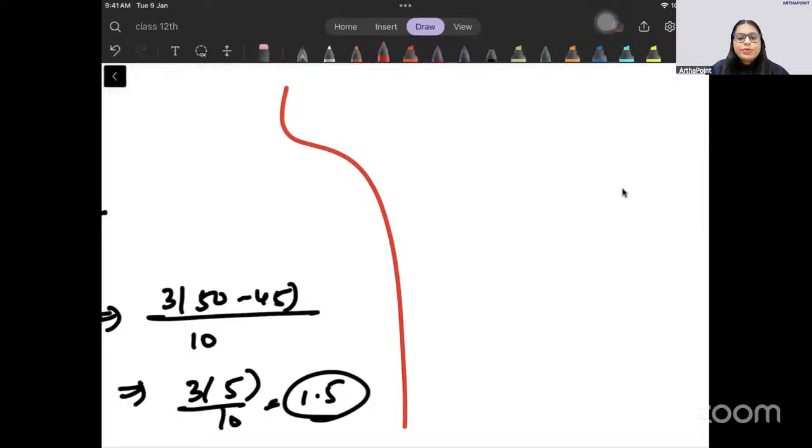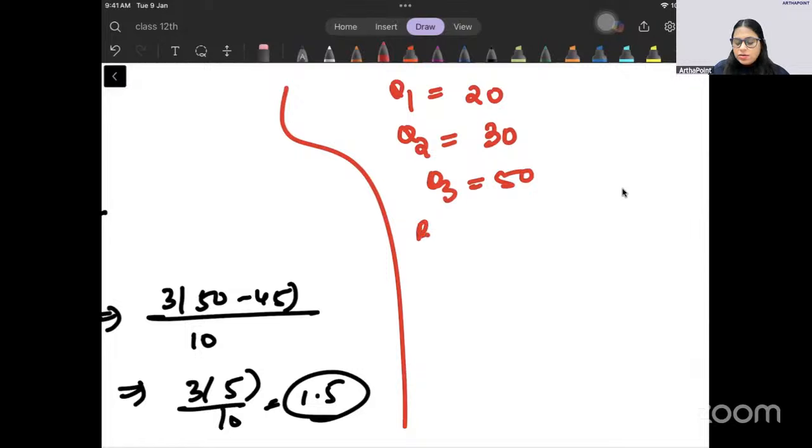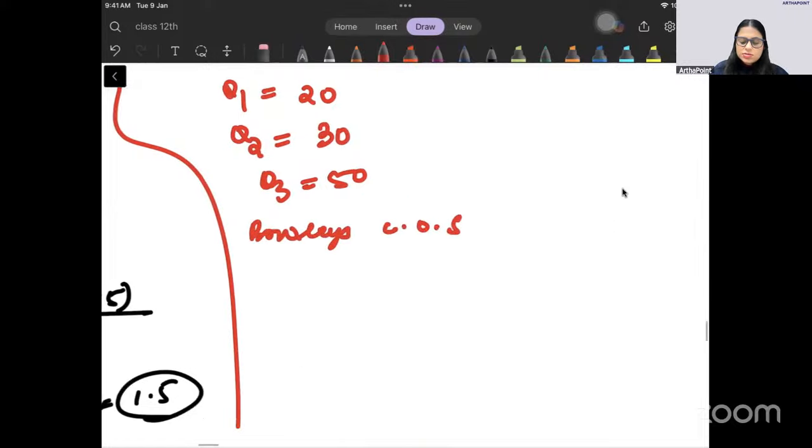So for example, you have Q1 as 20, Q2 as 30, Q3 as 50. Find Bowley's coefficient of skewness.